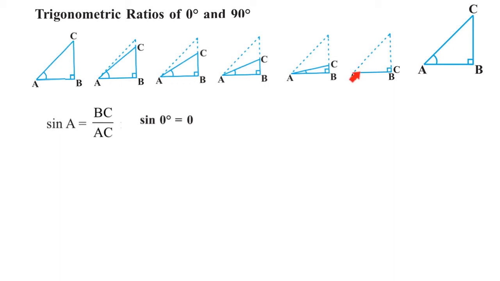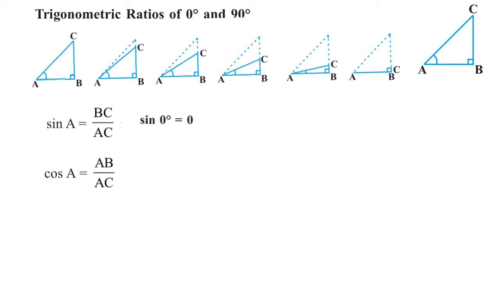Cosine A is adjacent over hypotenuse. The adjacent side is AB, the hypotenuse is AC. When angle A is 0, both happen to be of equal length. So cosine A, when angle A is 0, is AB over AC, and AB is equal to AC.